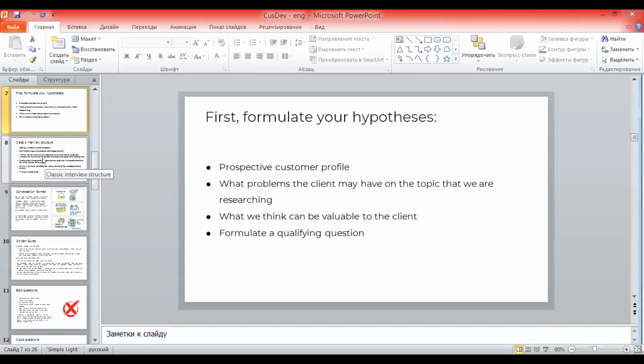After you formulate these ideas about the customer profile, their problems, their values, we go to structuring questions. What's also important here, and I will touch on it later, is to formulate qualifying questions. What does it mean?